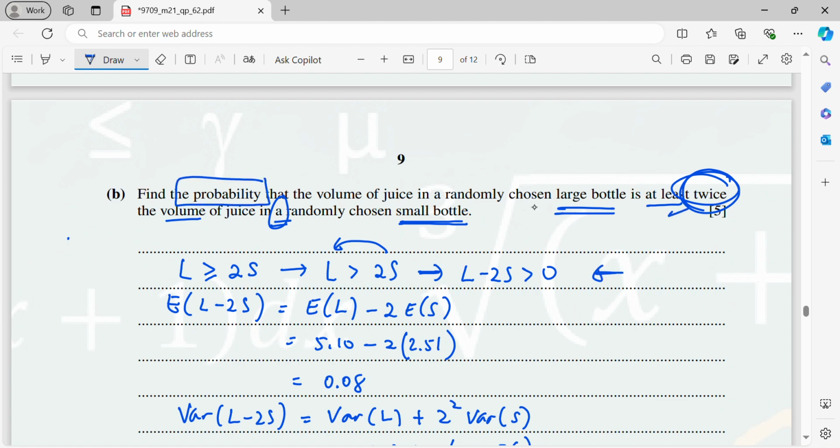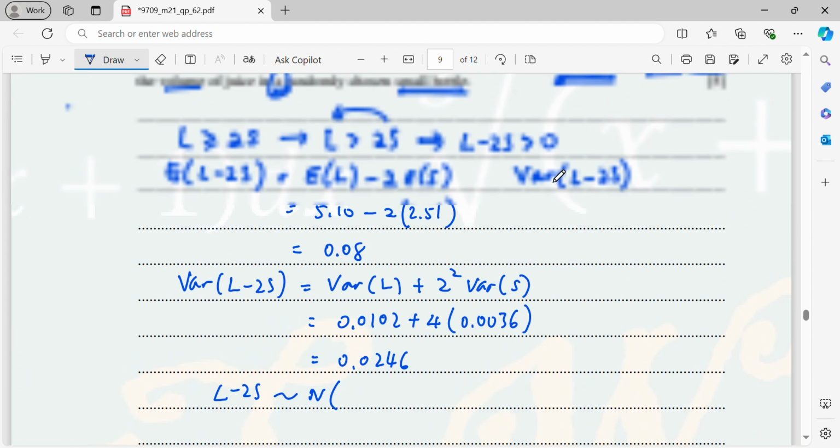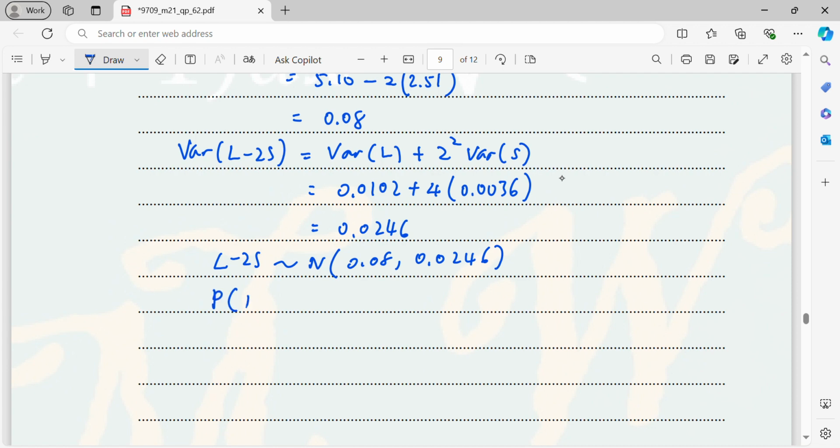And now you need to calculate the probability that L minus 2S is greater than 0. So L minus 2S will be normally distributed with the mean of 0.08, and the variance is 0.0246. And now you need to find P(L minus 2S is greater than 0). So therefore, again I standardize it.